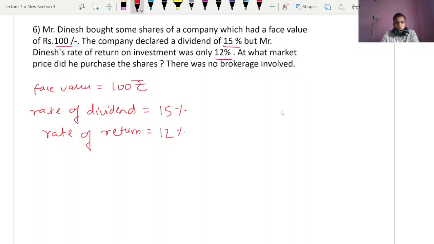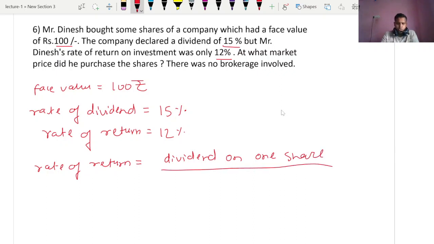Okay. So we have the formula: rate of return is equal to dividend on one share divided by purchase cost of one share, or investment of one share, multiplied by 100.